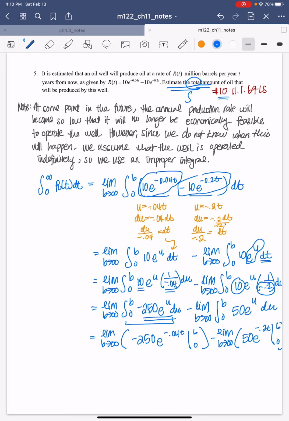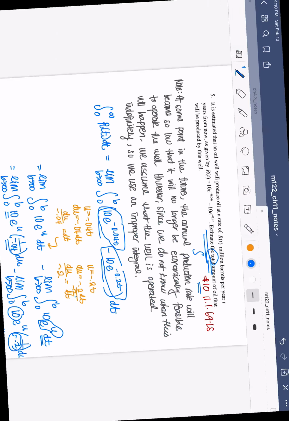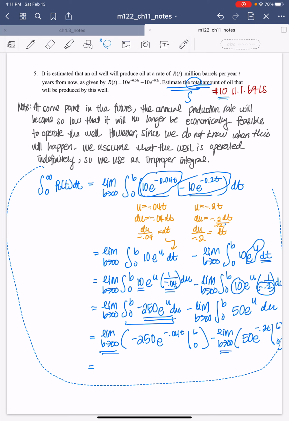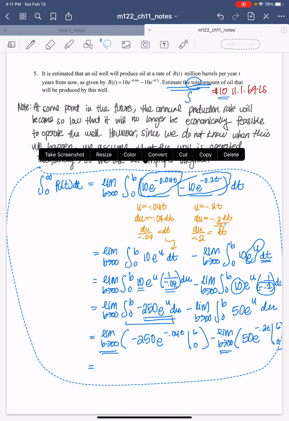Now, because they're exactly the same limit and same numbers, I'm just going to combine back into one expression, so it's easy for me to plug in numbers.